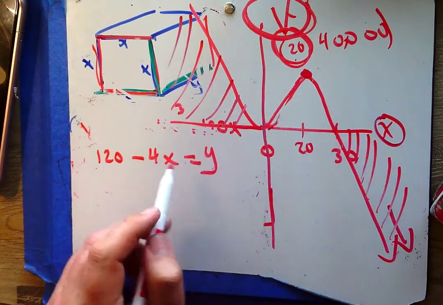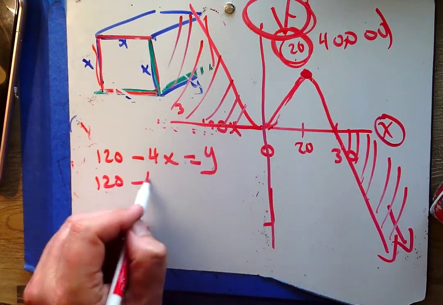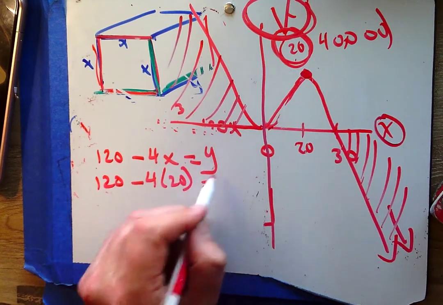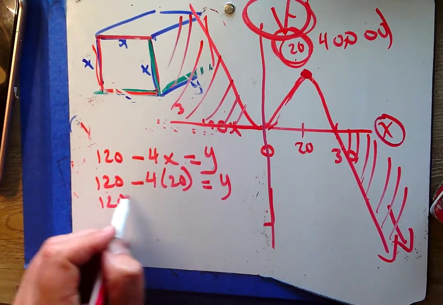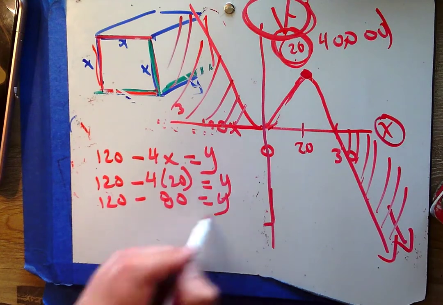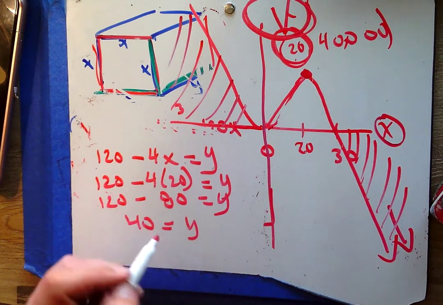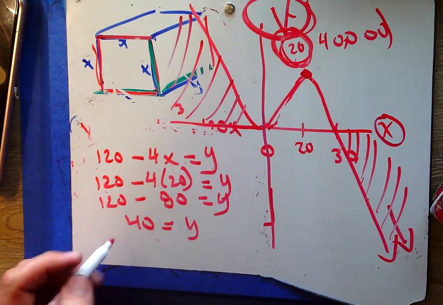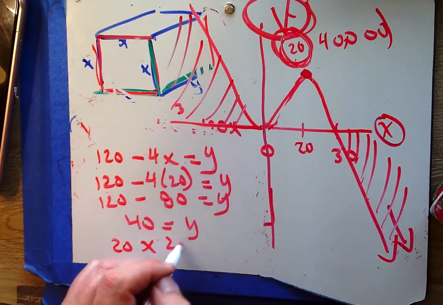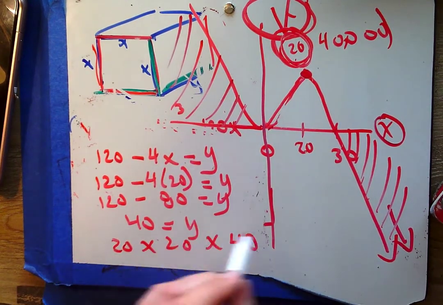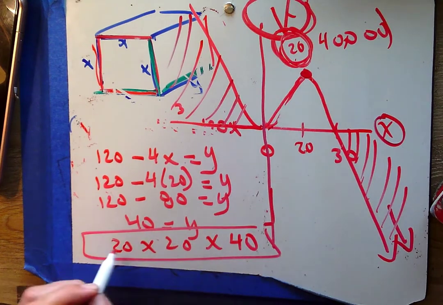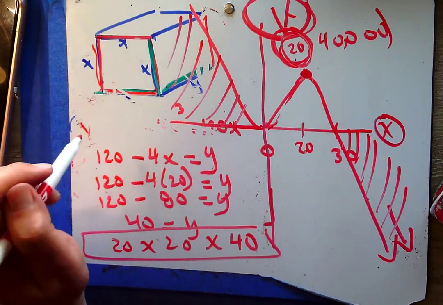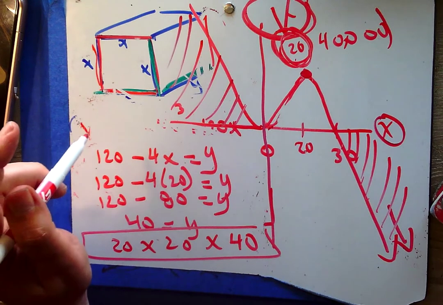We know the x value is 20. 120 minus 4 times 20 equals y. 120 minus 80 equals y, and so y must be 40. So the dimensions of the box, x is 20, y is 40, so I have 20 by 20 by 40. These are the dimensions of the largest box that I can send through the post office.